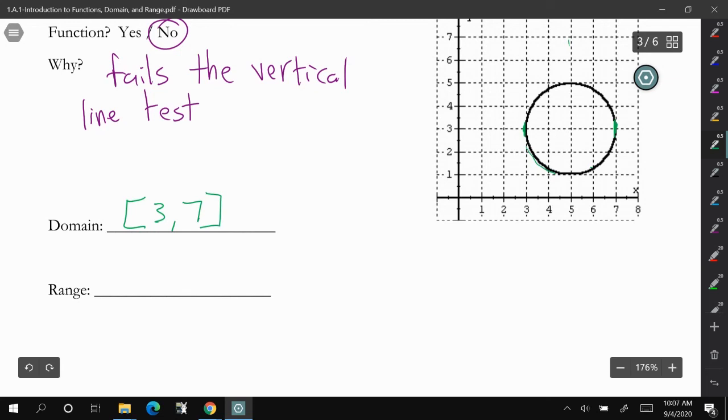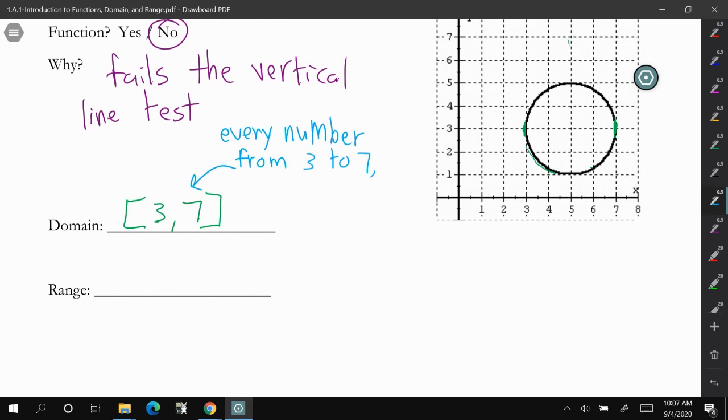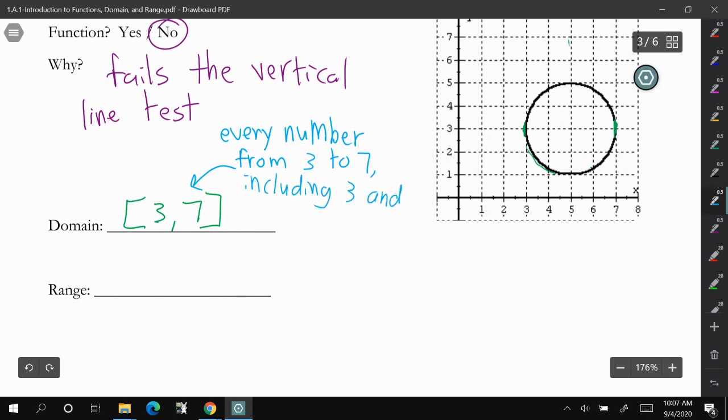What this means, and we'll write it in, is every number from 3 to 7. And the brackets mean that 3 and 7 are included. So including 3 and 7.